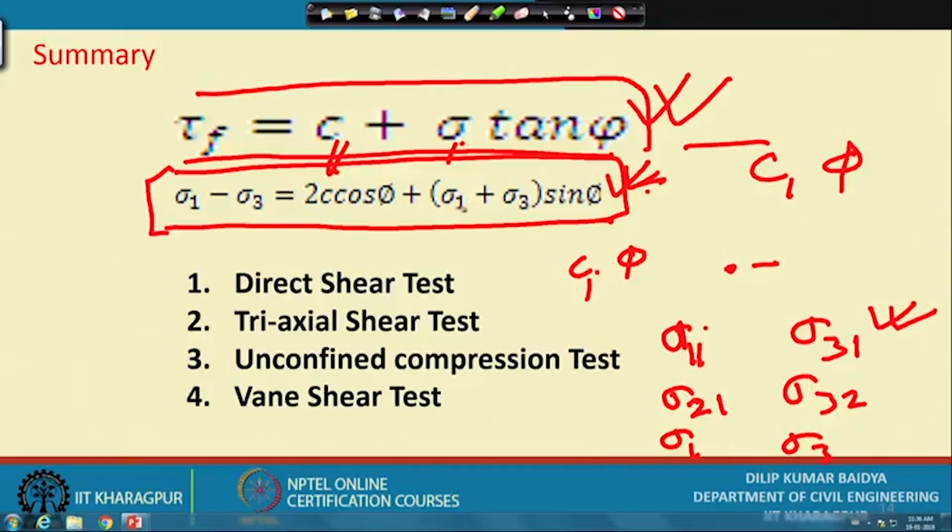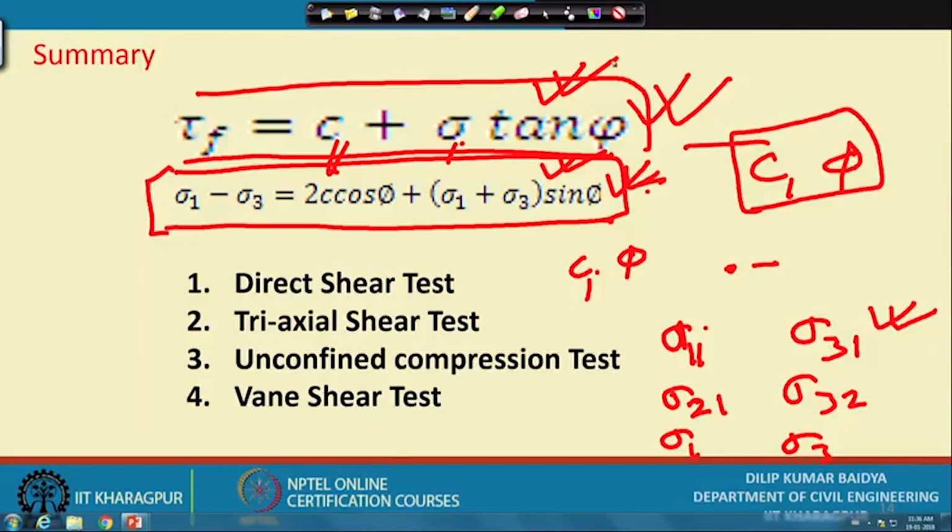This is one way to find c and phi, or one can use the Mohr circle. These are the analytical things which we have to be very thorough with, and you have to remember this relationship, because in many places you need to use it.